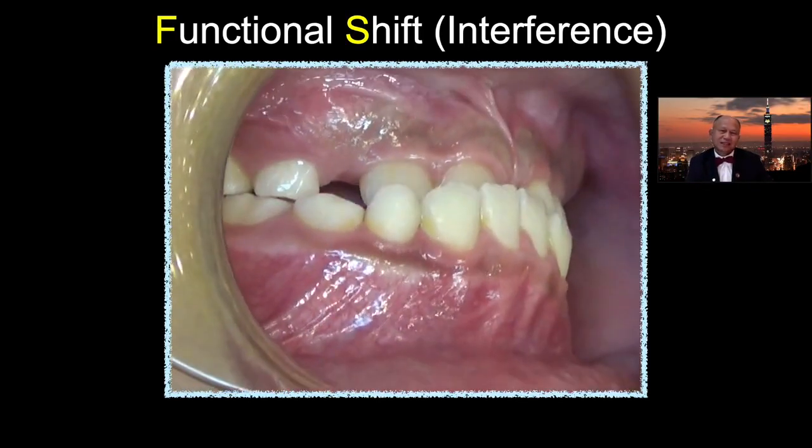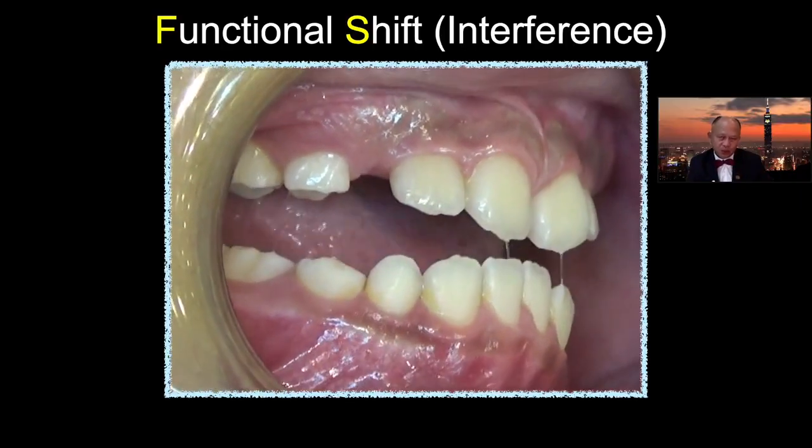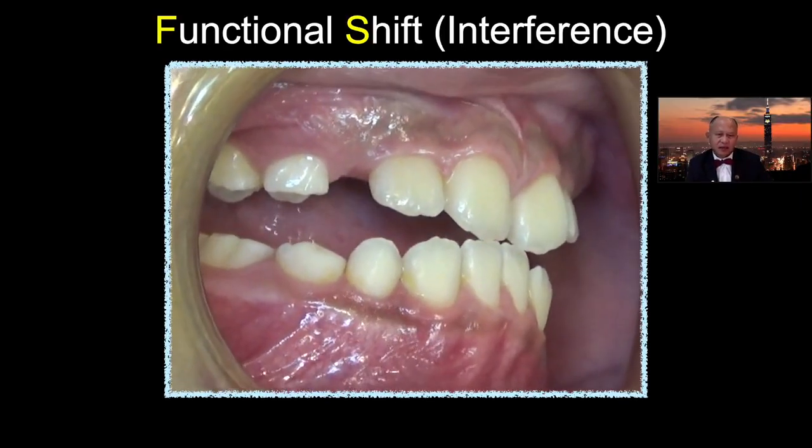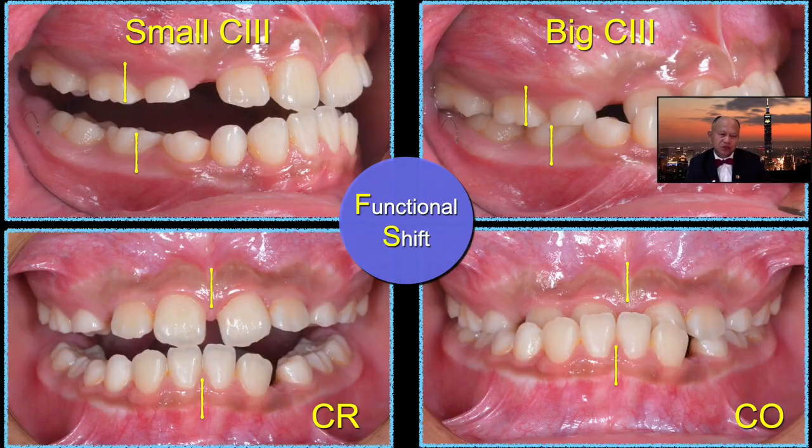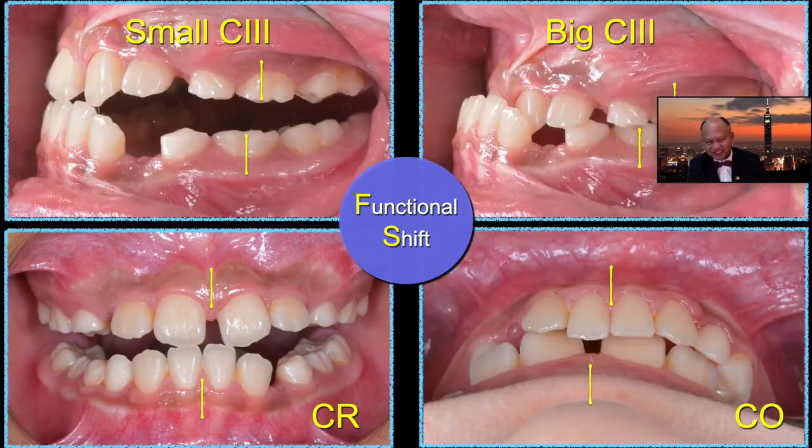That's the evidence to show you that this case has interference, a functional shift. If the patient has a functional shift, it pretty much tells you this case is not that difficult to fix, because the functional shift will make the situation look worse, but it is not worse.